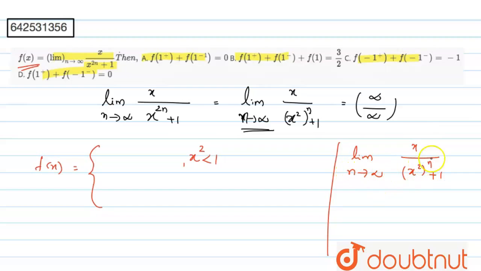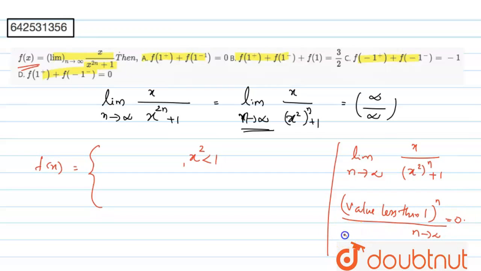When x squared is less than 1, what happens? A value which is less than 1 raised to power n, when n tends to infinity, this value will become 0.